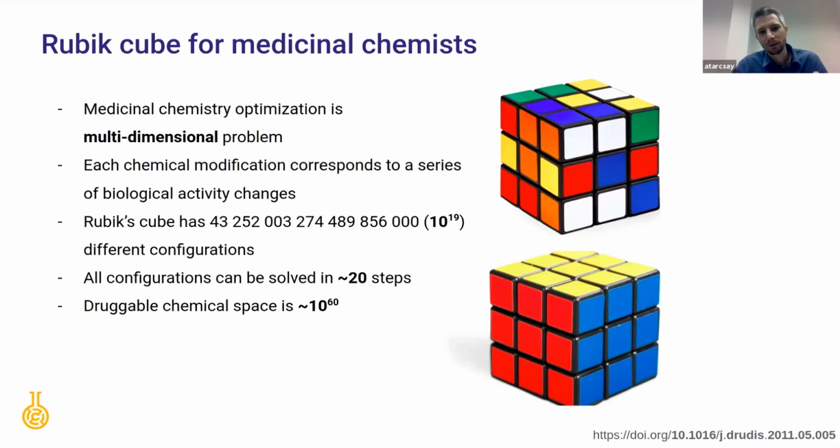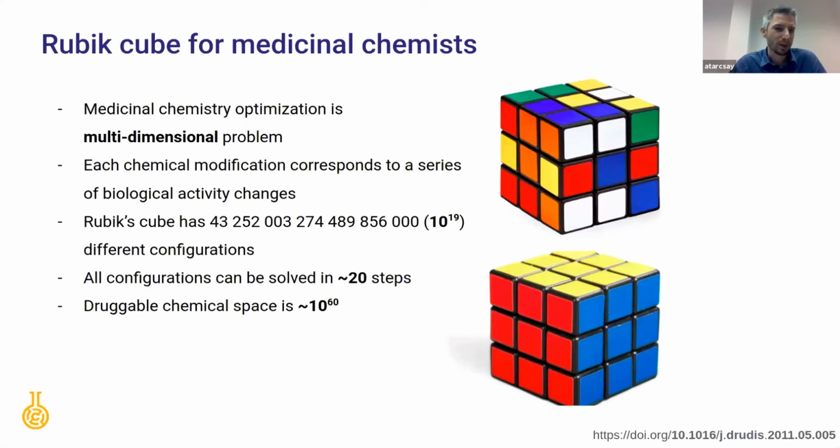So a Rubik's cube has a vast number of configurations that it can adopt. Up to 10 to the power of 19 configurations can be made with this simple cube, but despite the challenge, it's solved within 10 seconds by experts who are aware of the methods for turning the Rubik's cube.